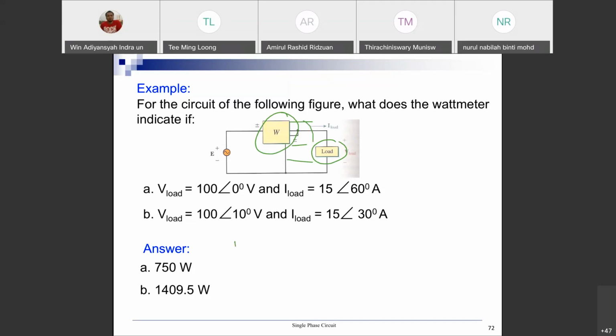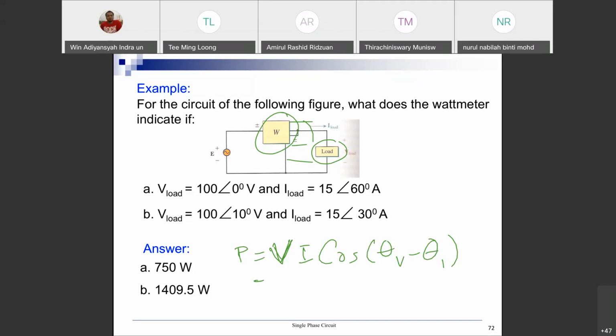Remember the formula just now? P equal to VI cos of the difference between V and I, right.